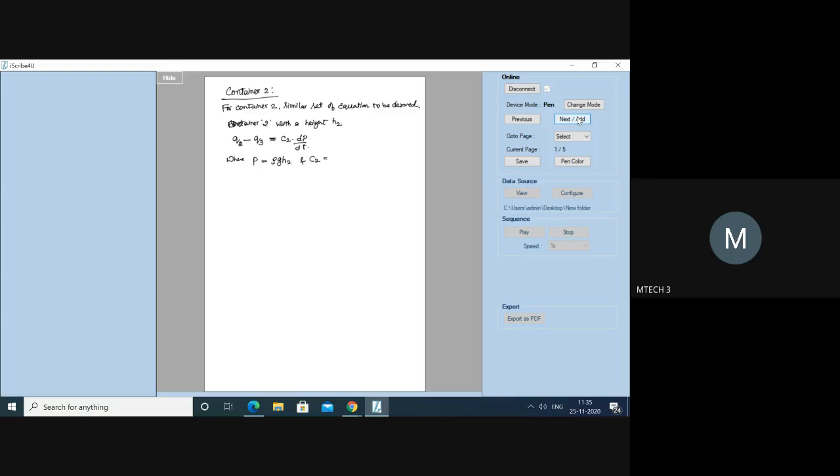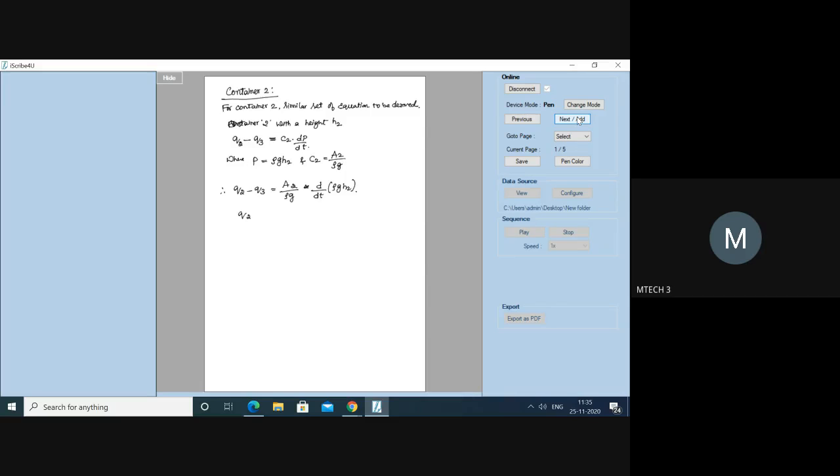C2 is equal to A2 by rho g. Therefore, Q2 minus Q3, with C2 as A2 by rho g into d by dt of P, and P is rho g H2.